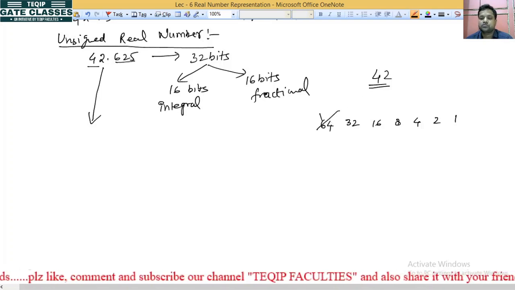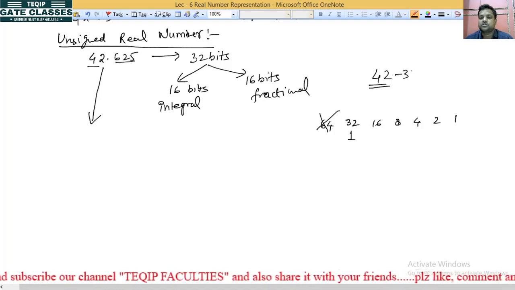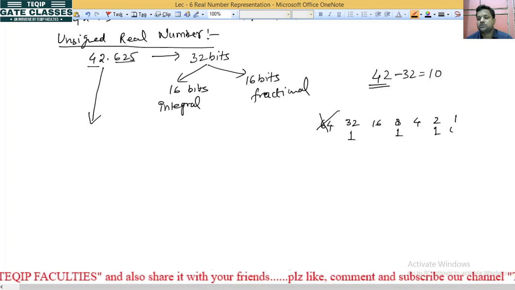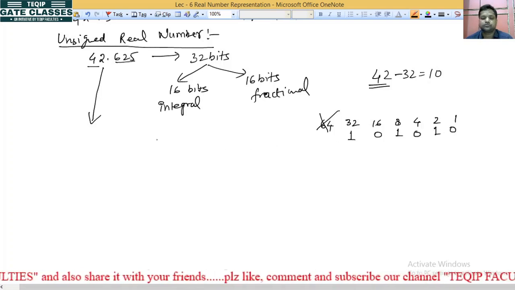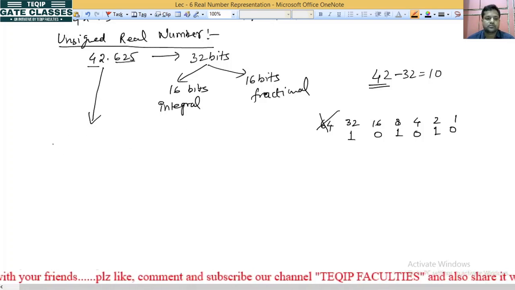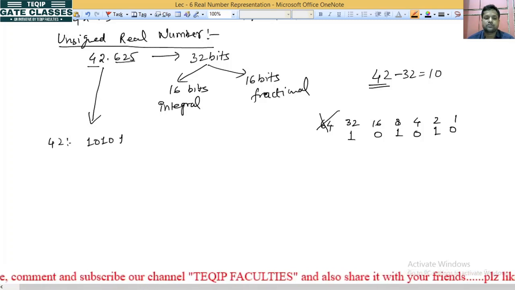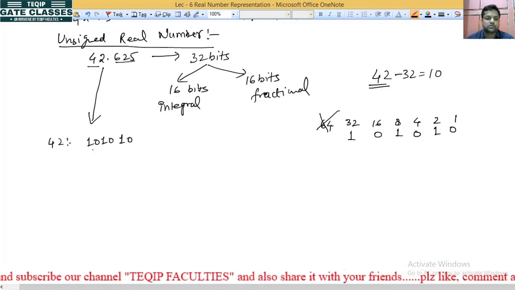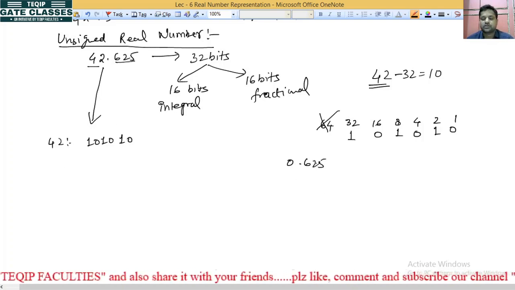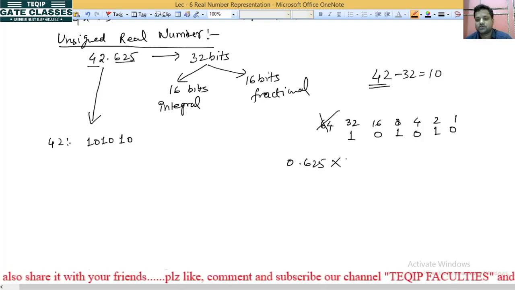So this value is greater than this, so we will not take it. 32 plus 8 plus 2 will be 42. Rest will be 0, okay na. 42 can be represented as 101010.